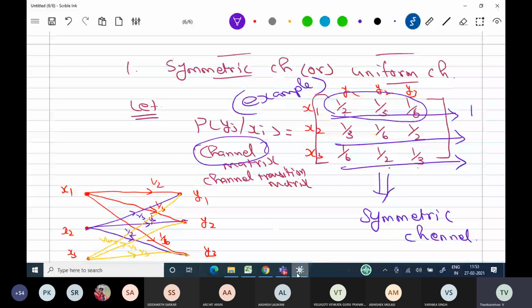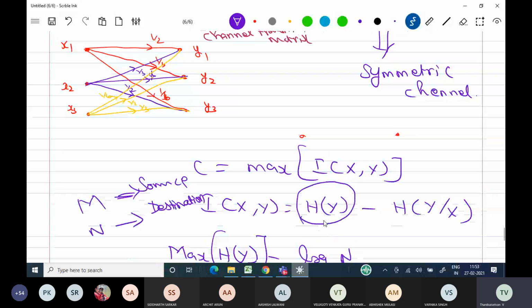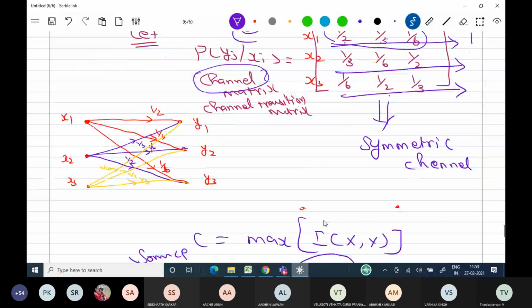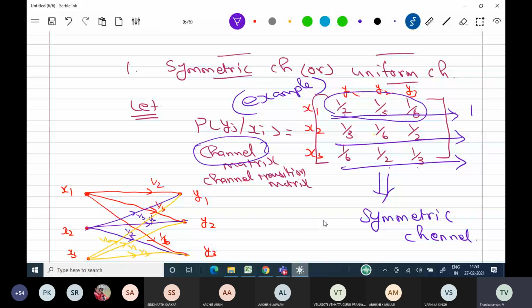Okay, with that I will proceed now. All the elements are equal here.